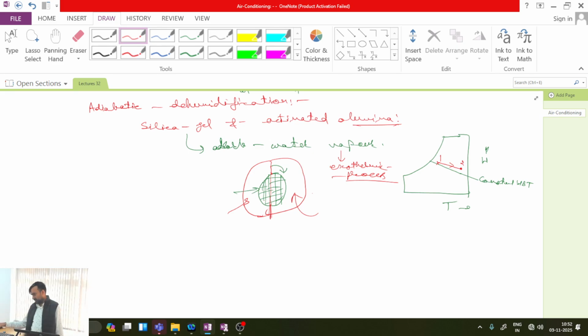Sometimes in the air washer we not only spray the water, but along with the water we also spray other solutions like ethylene glycol, etc., after mixing it in a certain concentration with the water. What is the reason?